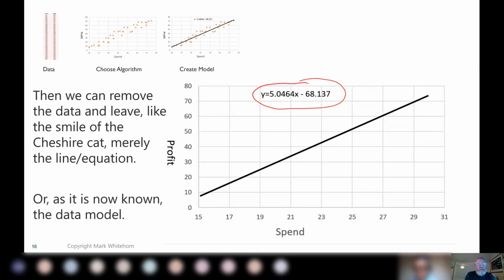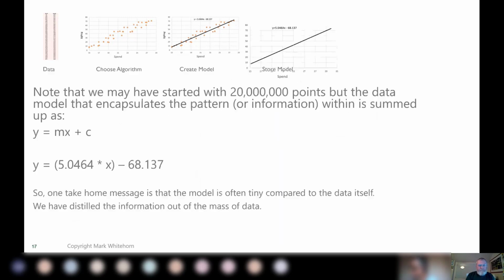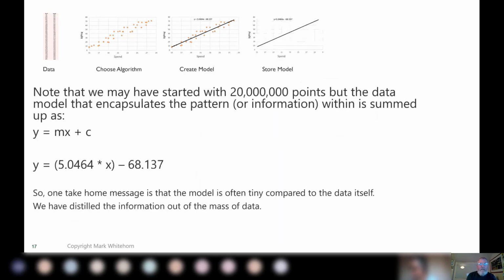Nobody's going to delete data, but you remove it from your consideration, because all you want is actually just this model, because this model is a distillation of the information in the data. And that's a good way of thinking about it. In fact, we might have started with 20 million data points, but the data model then encapsulates the actual pattern or information in those 20 million data points can be summed up as simply that.